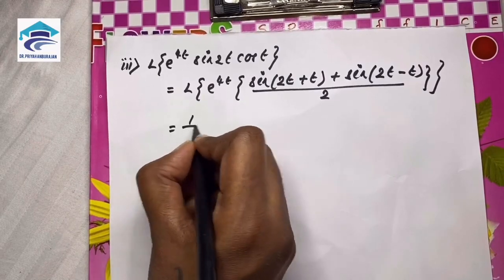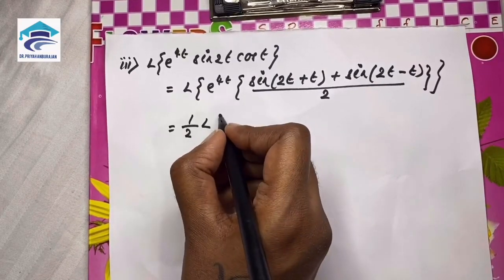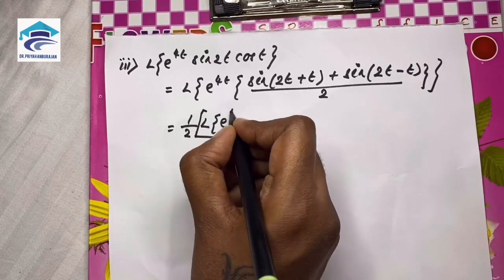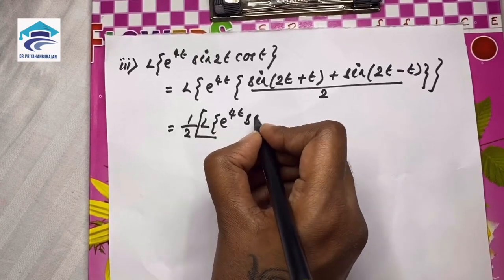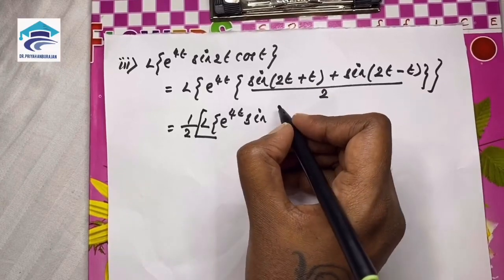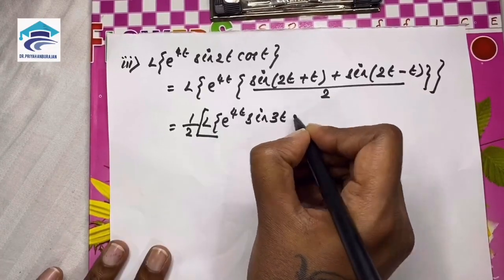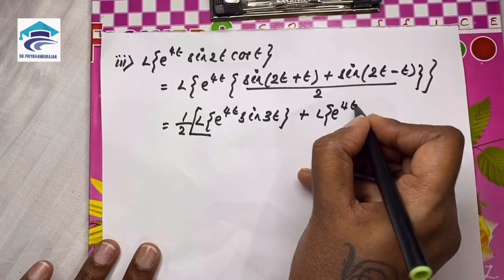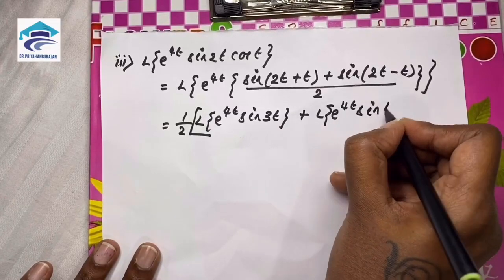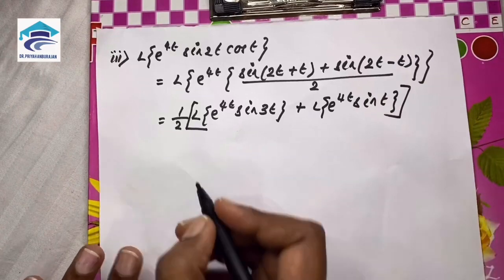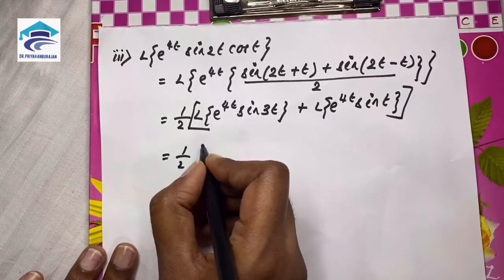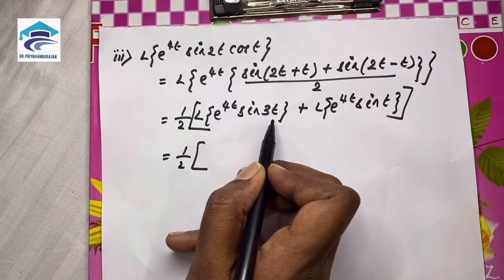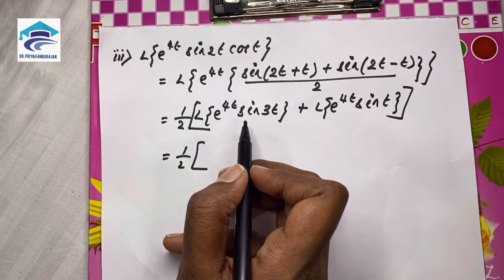So this 1 by 2 I can take outside. It is 1 by 2 [L of e power 4t sin (2t plus t), it is sin 3t, plus L of e power 4t sin t]. Here also if you want you can use the direct formula for exponential into sine, or you can use the first shifting theorem.